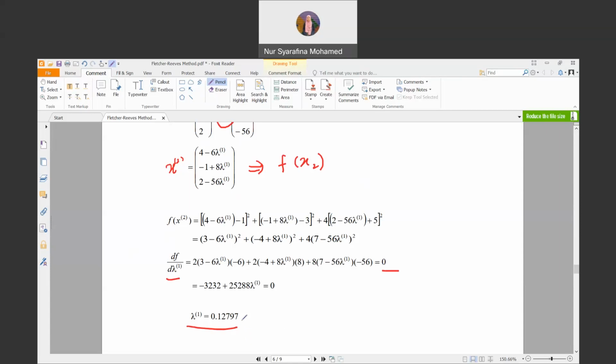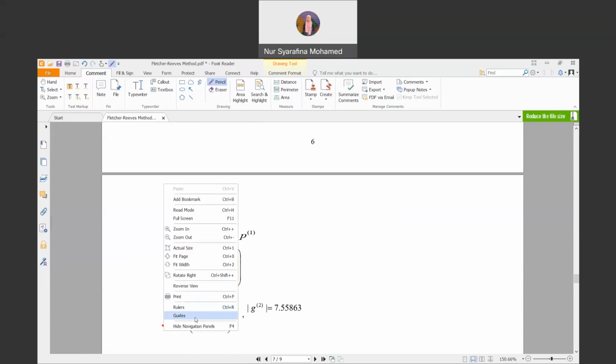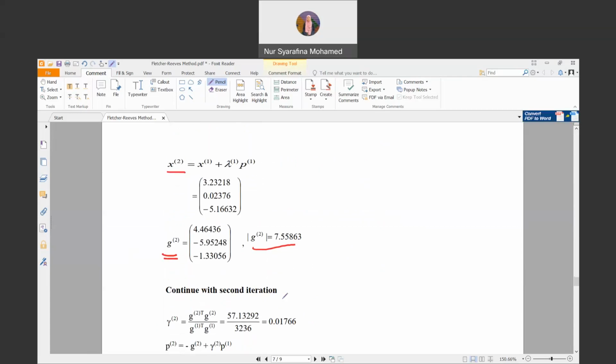Once you got the value of lambda, you can have your x2. So when you have your x2, then you can have your g2. In this g2, you can check the magnitude of g2 to see whether it has reached the stopping criteria yet or not. If not, then we continue to the second iteration.